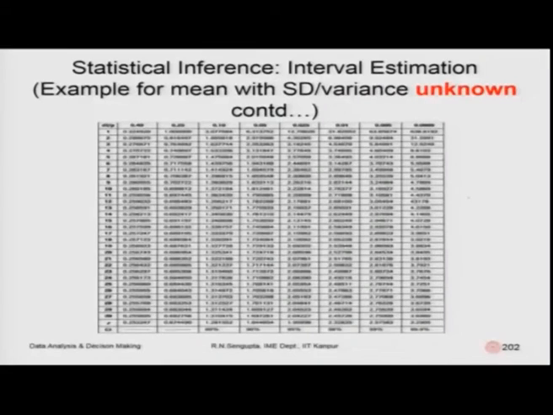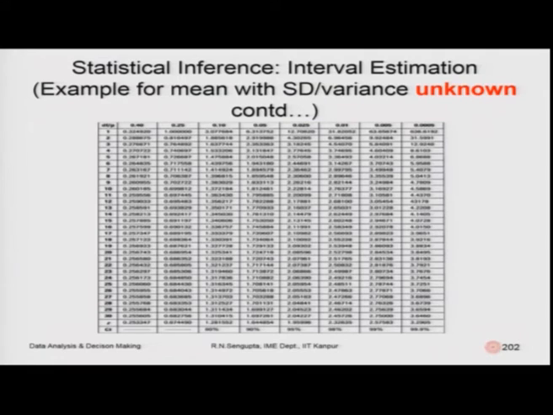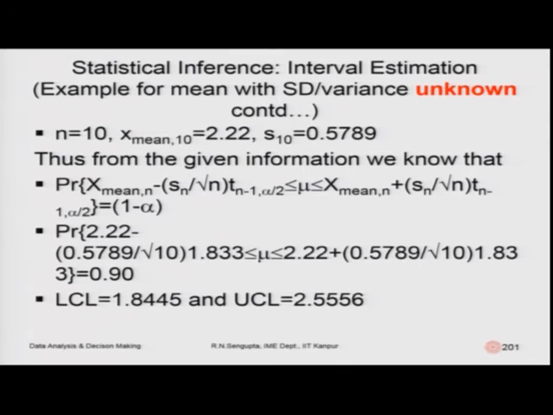So, for a value of 29, because we have lost 1 degree, no, sorry, my apologies, it will be 9. So, we go to 9. First we mark this, then let us see the degrees of freedom. Degrees of freedom is given by 9, and we know 1 minus alpha is known.